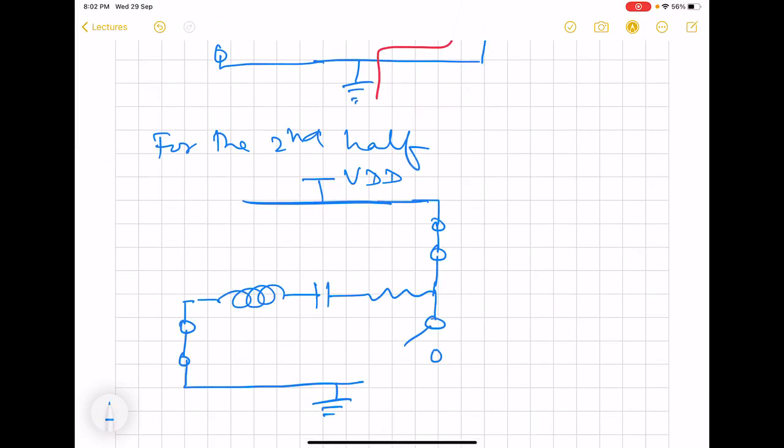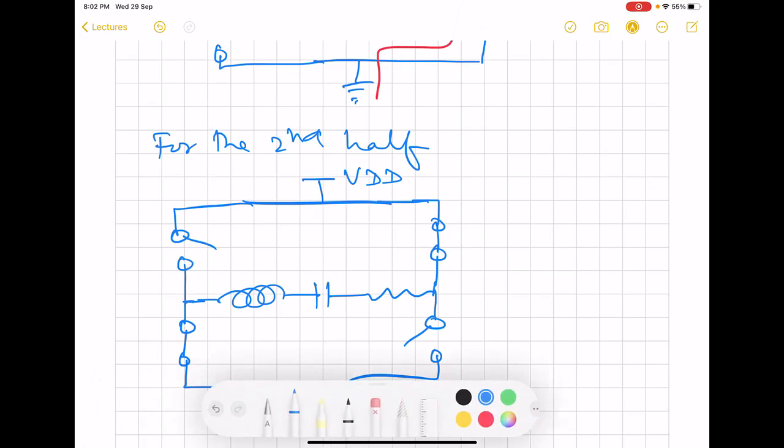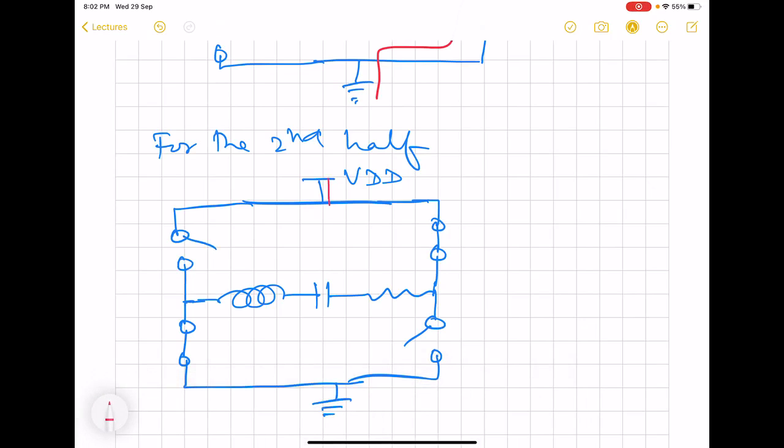But 1 and 2, they are going to be open like this. So this time the current that will flow is going to be in this direction.